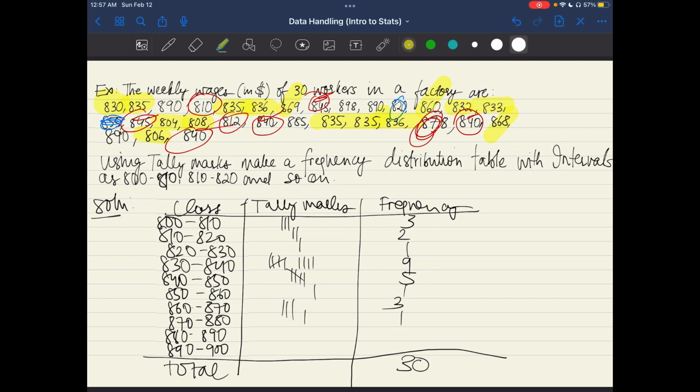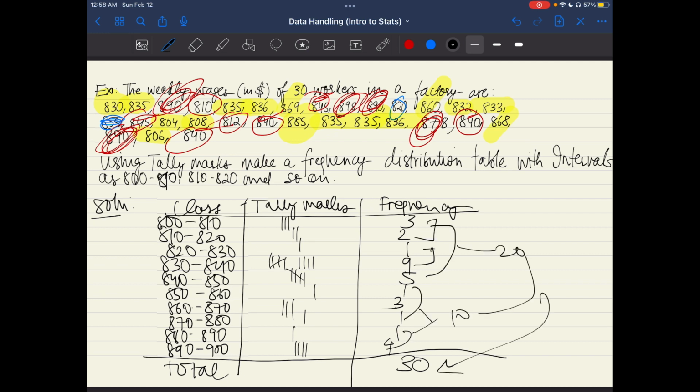The next one is 880 to 890, we have 885, and that's the only one, so 1 as well. And then we have 890 to 900, so 1, 2, 3, and 4. So we have 4. And if we were to add these numbers, they will add up to 30. So there we have it.